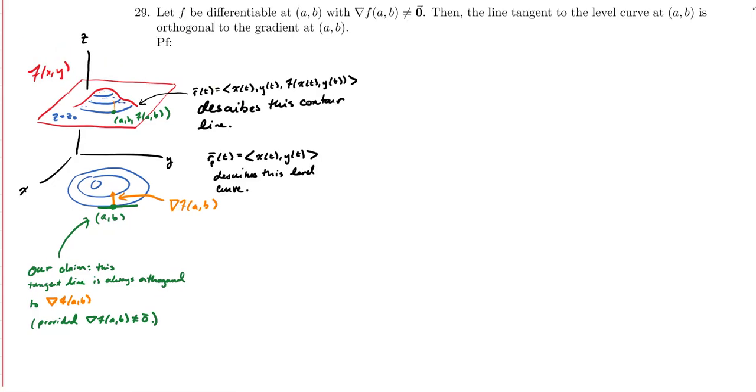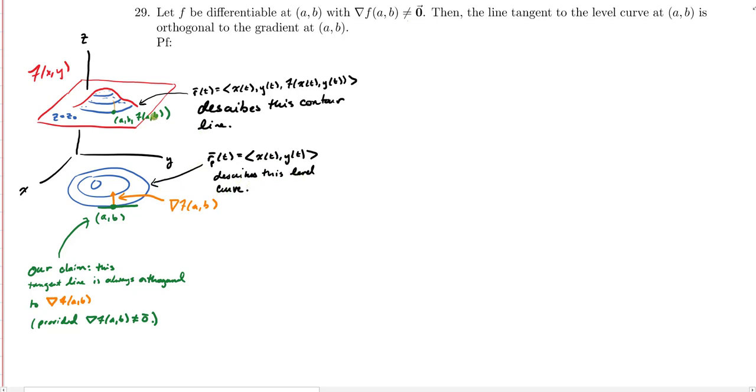For this contour line that we've parameterized this way, if we project it down into the domain space, the xy plane, then the third coordinate is always 0, and we can just drop it off. We don't need that. And so the projection of this level curve into the xy plane would just be the curve x of t, y of t, where that is going to be a parameterization of this blue level curve.